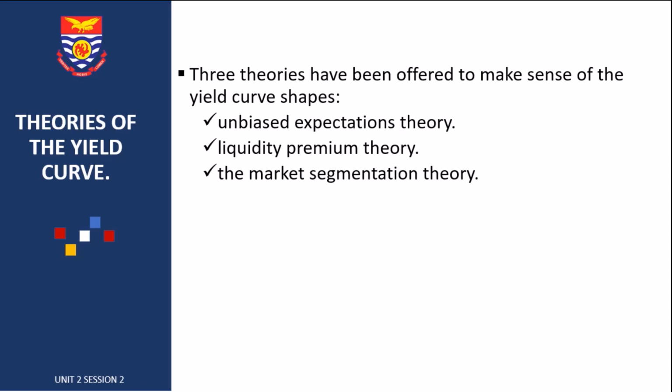So if the curve is upward sloping, it means that investors expect interest rates to increase in the future. And we know that an upward sloping curve has a higher maturity period as well as a higher interest rate.